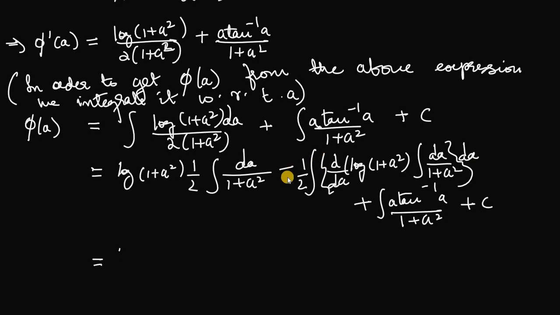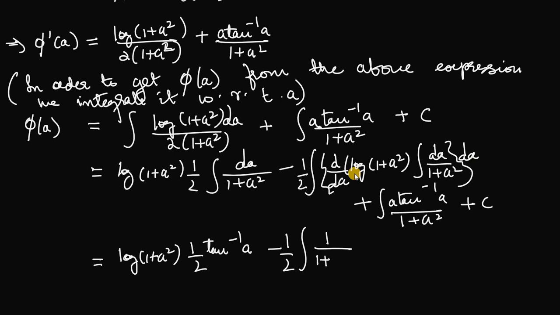So this is equal to log of 1 plus a square into half. Now this is of the form dx by 1 plus x square, which will give you tan inverse of a here. So it will be tan inverse of a minus half into the integral of this one. If you differentiate log of 1 plus a square, you get 1 by 1 plus a square into the differentiation of 1 plus a square, which will be twice a.